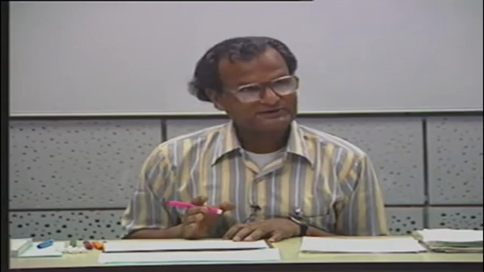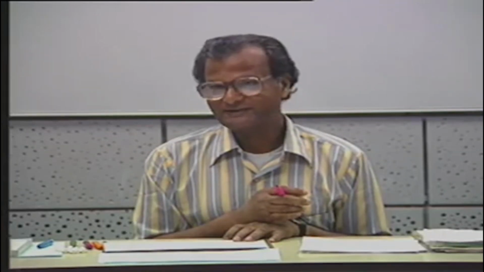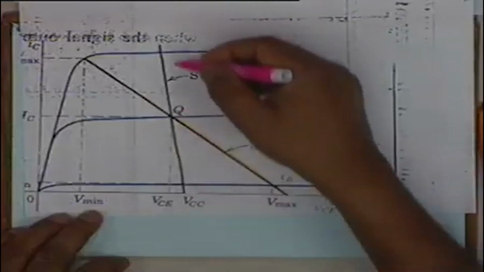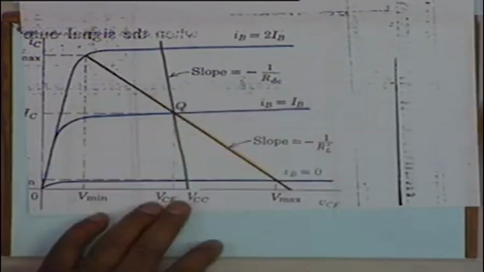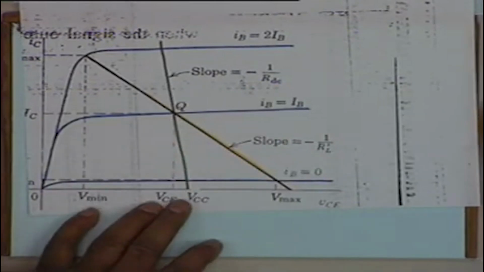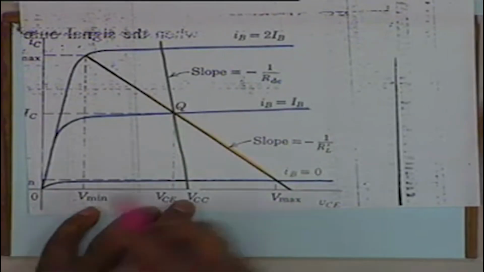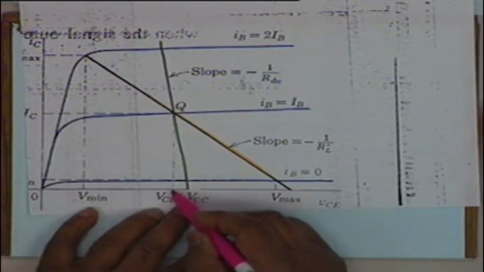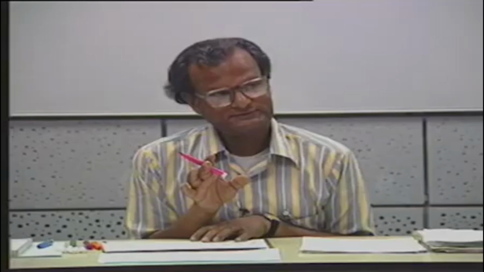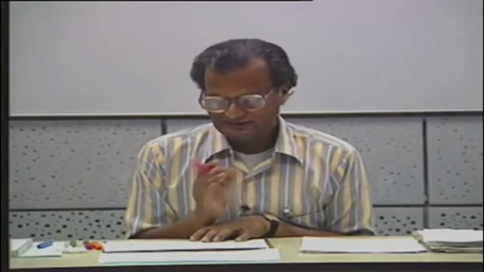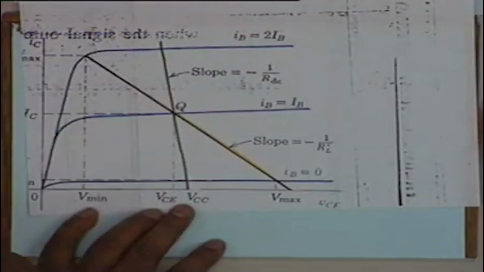In other words, the DC load line is almost a vertical line. Is the point clear? DC load line is this green line. There is a slight slope here because of that small resistance, but actually in practice there is very little difference between VCC and VCE. It is almost a vertical line. Is the point clear? If the transformer was ideal and there was no RE, then the line should have been a perfect straight line.